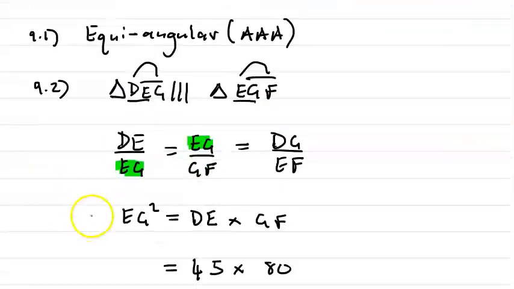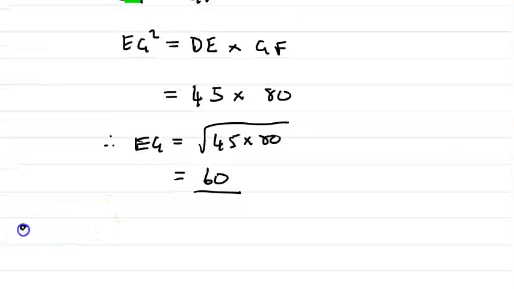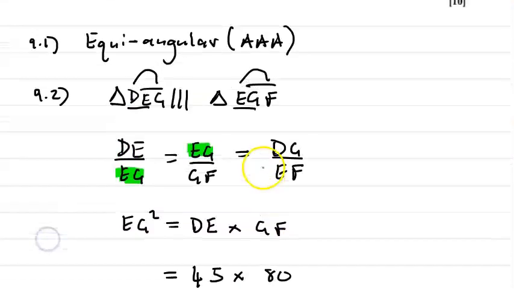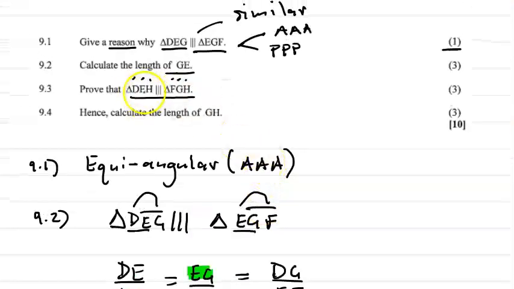So in 9.3, remember, we always start off our proof by writing in triangle DEH and triangle FGH. So you just copy that down.